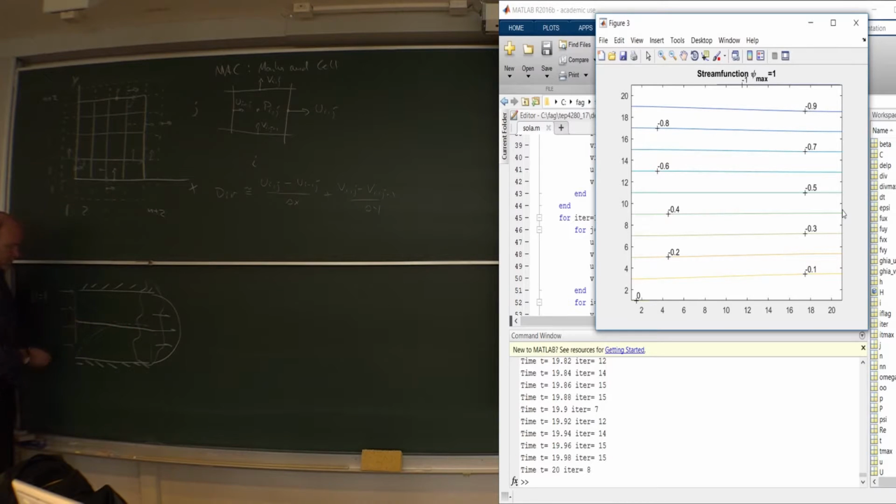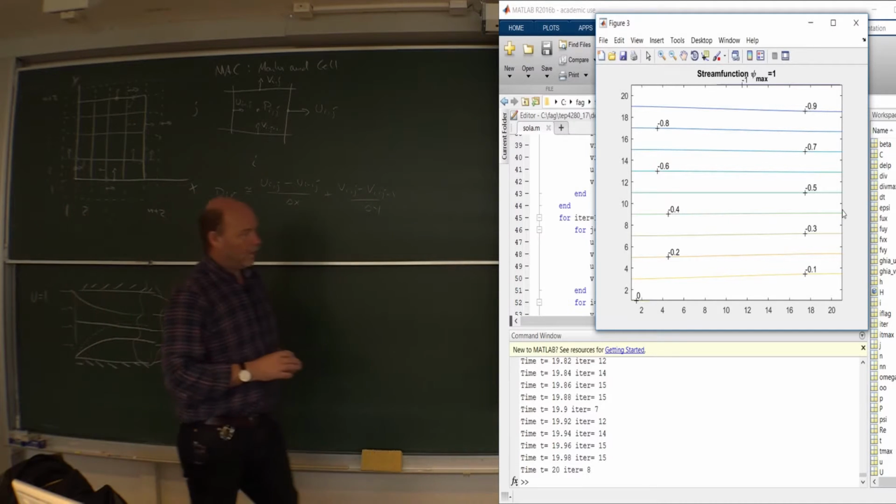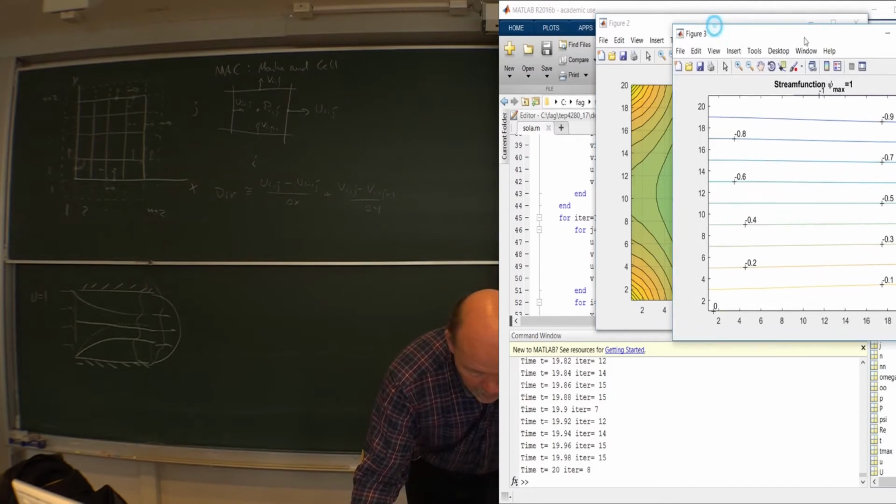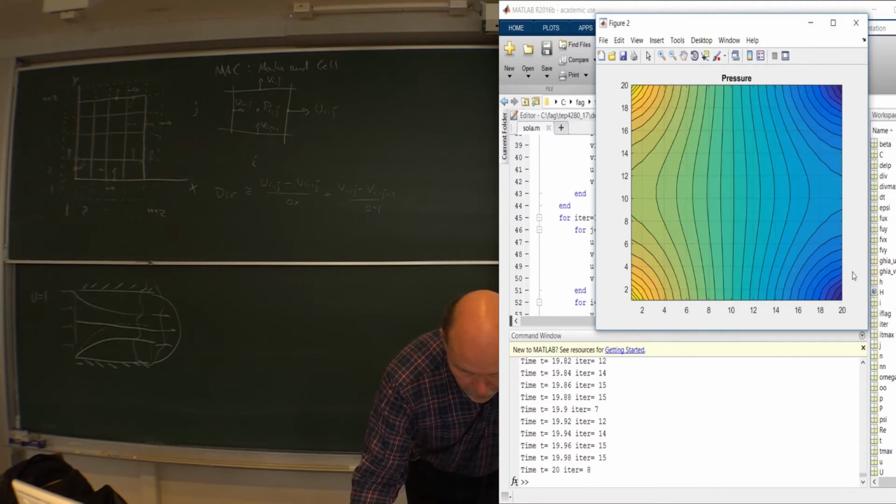How should the streamlines go? They should be something like this. So in the right half they should be parallel, but clearly in the left part they have to tend towards the center. So no, this one can't be correct.